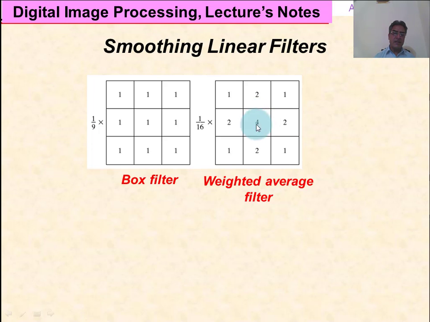It is a little bit larger, the big weight of the central pixel, because we want to enhance or modify the central pixel value, so we have given it the largest weight, so the averaging value will also become large.